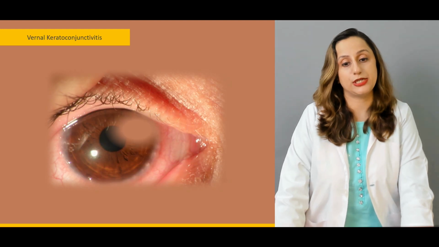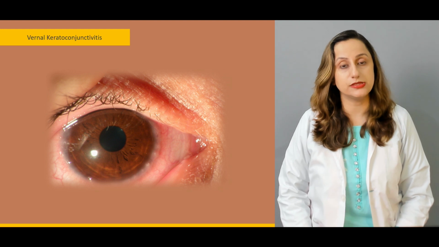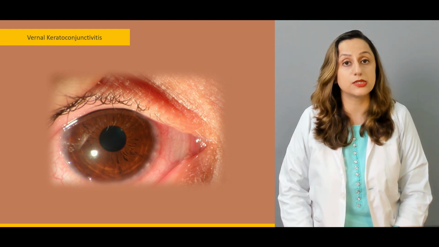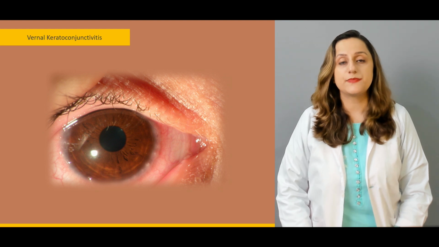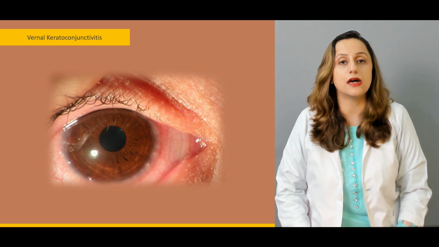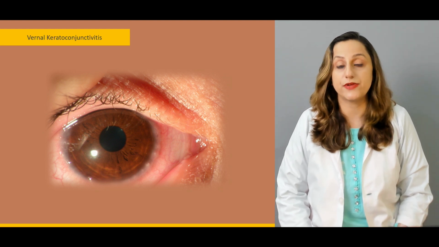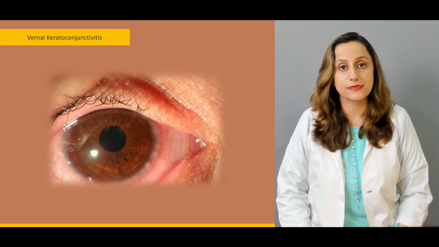Usually there is conjunctival irritation associated with seasonal and environmental changes, specifically hot and humid climates, and seasonal catarrh or spring catarrh can flare up the reactions in cases of vernal keratoconjunctivitis.